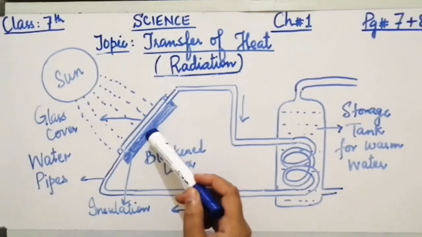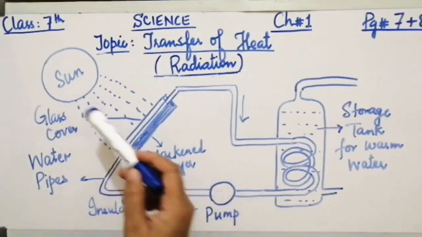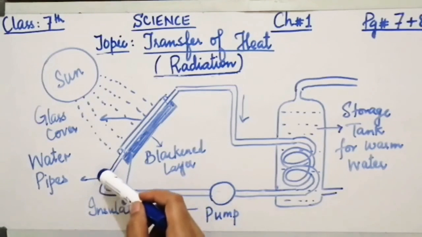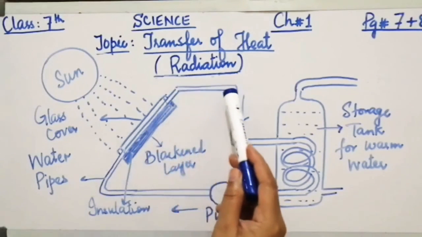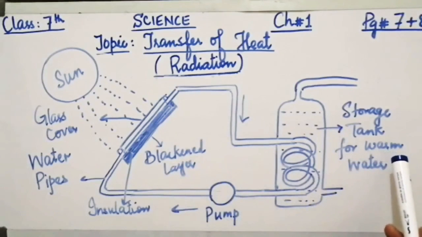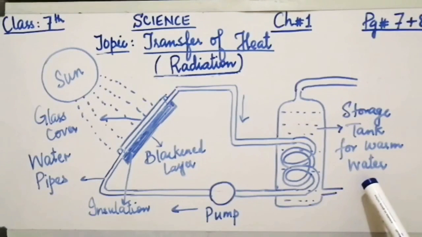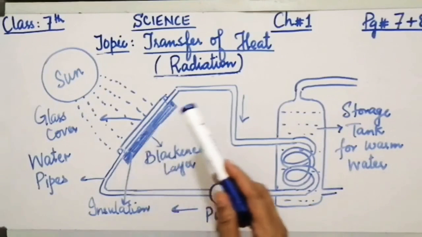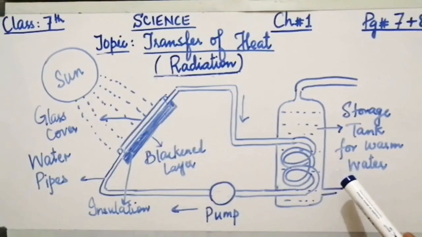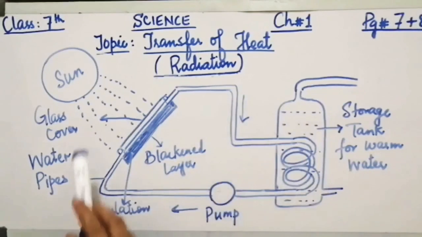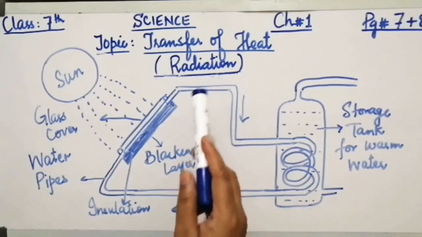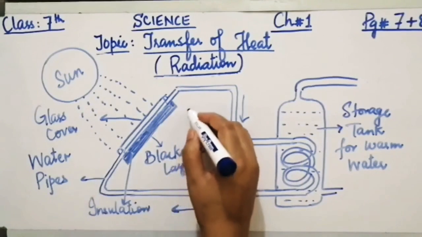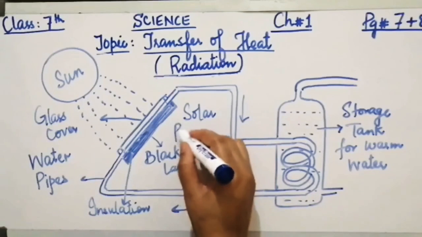Now the blackened layer which is present down there actually absorbs the radiant energy coming from the sun and warms up the water flowing through these pipes, which reaches the storage tank for warm water. In this way the whole panel supplies hot water to houses, which we normally use for different purposes, especially during winter. So this is a simple example of radiation in the form of solar panels.